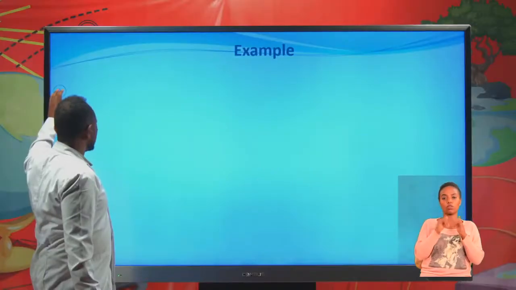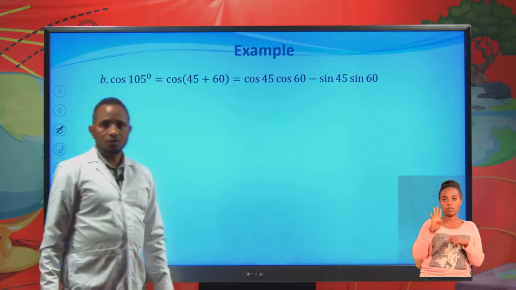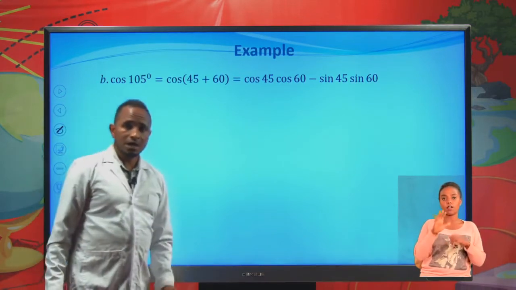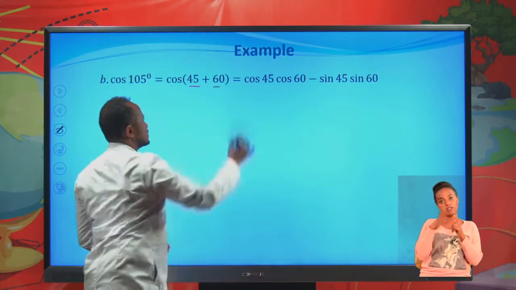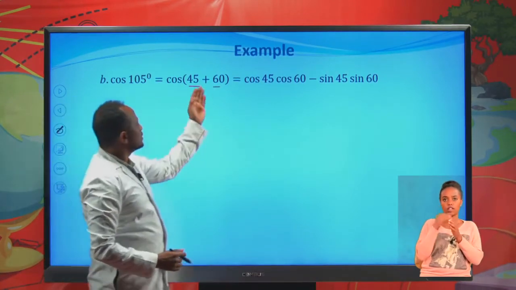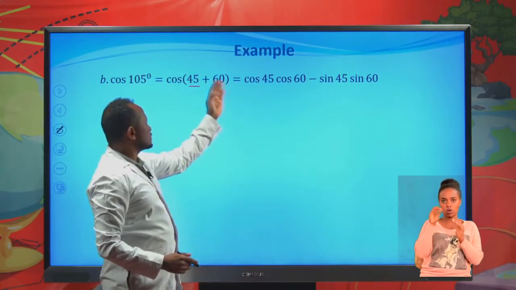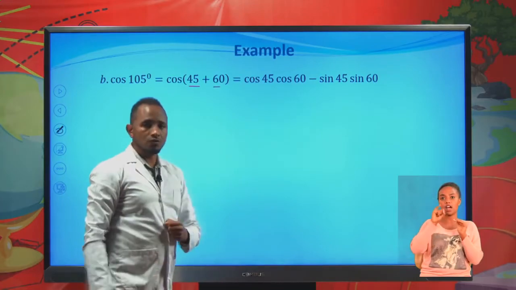Now the next example is cos 105. Cos 105 can be written as a sum of two special angles, 45 and 60. So it is written cos of 45 plus 60. Therefore, this will be equal to cos 45 cos 60 minus sine 45 sine 60 using the formula.